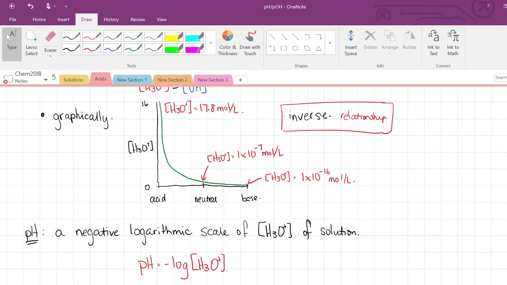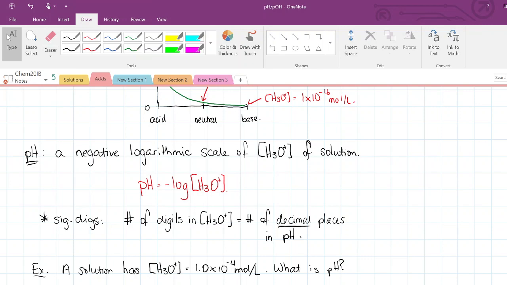As we get closer to a pH of 14, you'll notice that our line plummets and it gets closer and closer to a concentration of 0, right? So it's an inverse relationship, and this is a logarithmic relationship. pH in comparison to hydronium concentration is a logarithmic scale. And that's what we've got down here.